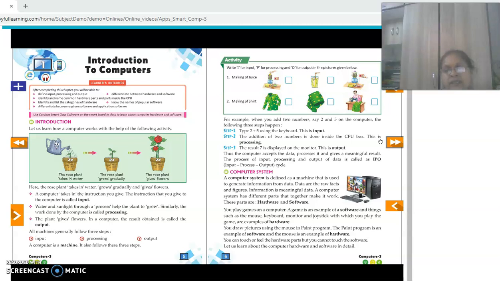This is called processing. Now in step 3, you will see the output 7 on your monitor. This is the monitor, this is the CPU and this is the keyboard. So you will see 7 here. This is called output.